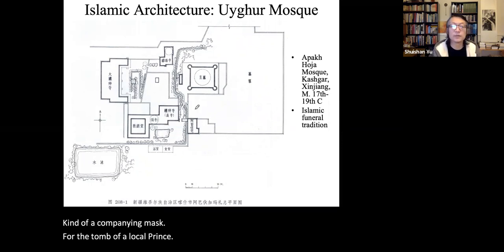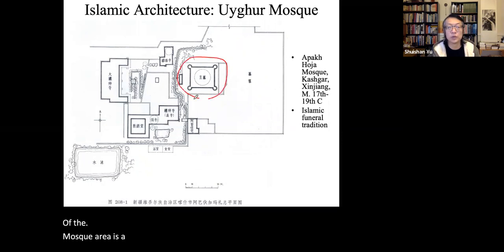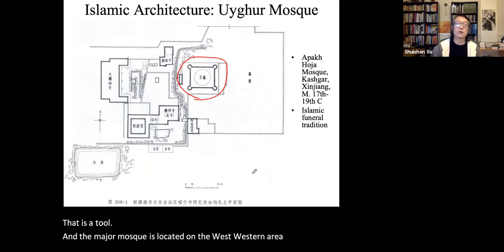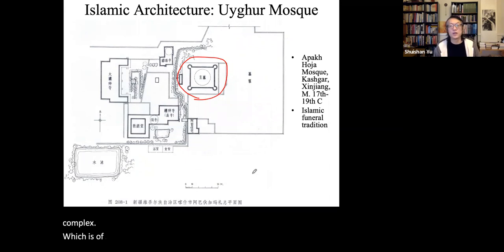Located in the middle of the mosque area is a monumental tomb. So that is a tomb. And the major mosque is located on the western area of the complex, which is of course ideal because that is the Qibla direction, right?